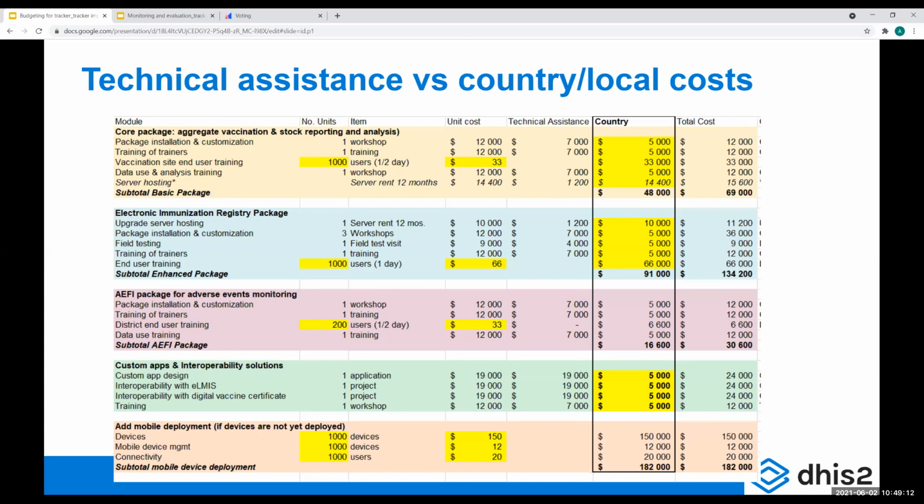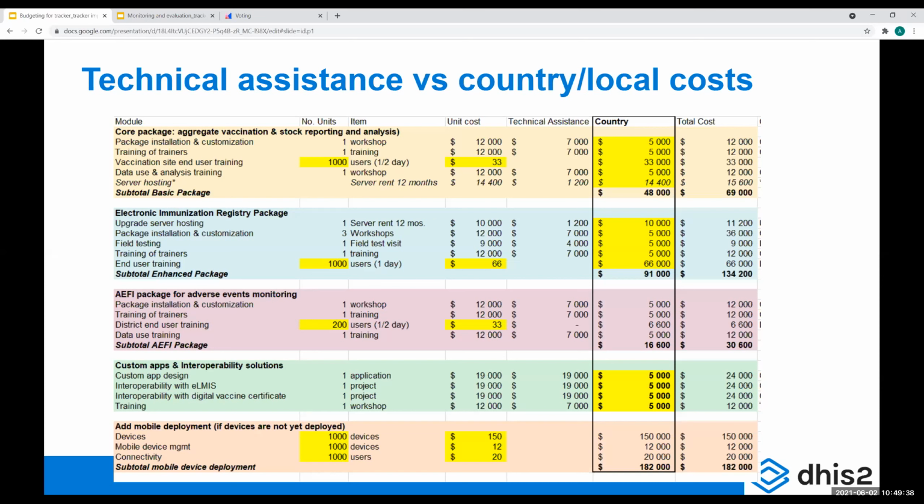And then in terms of tracker, I want to put your attention to the second item here, electronic immunization registry package. This is tracker. The other ones are mostly aggregate, but the electronic immunization registry, registering every person who is receiving their COVID vaccine, will fall under this.